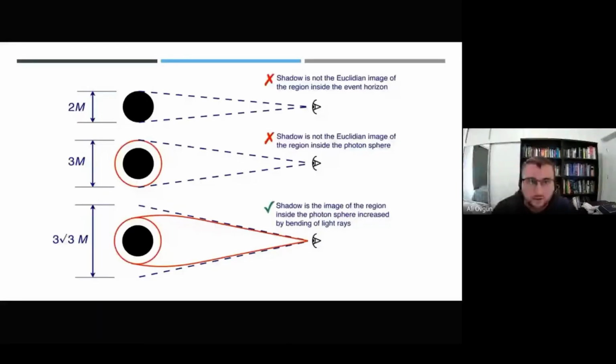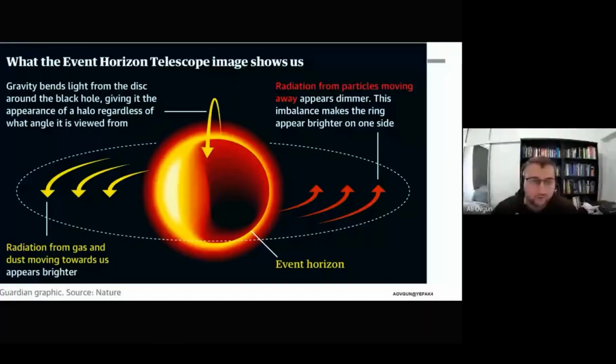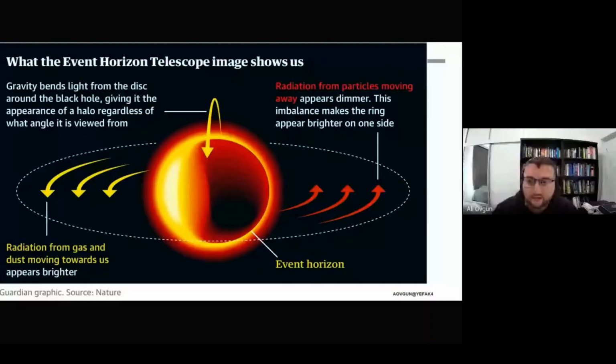So what does the Event Horizon Telescope image show us? The Event Horizon Telescope is a large telescope array consisting of a global network of radio telescopes. Recently the Event Horizon Telescope collaboration published the first image of the black hole in the nearby radio galaxy M87.